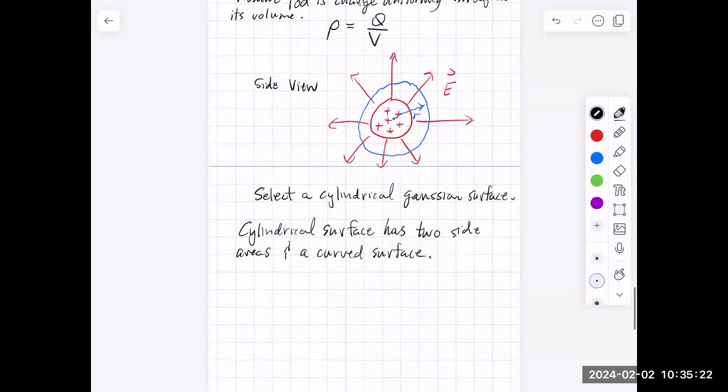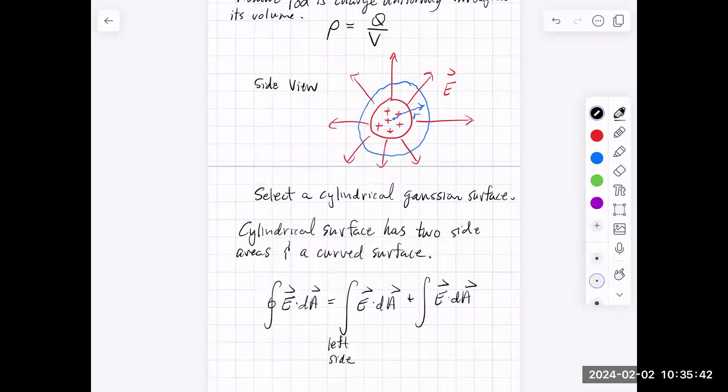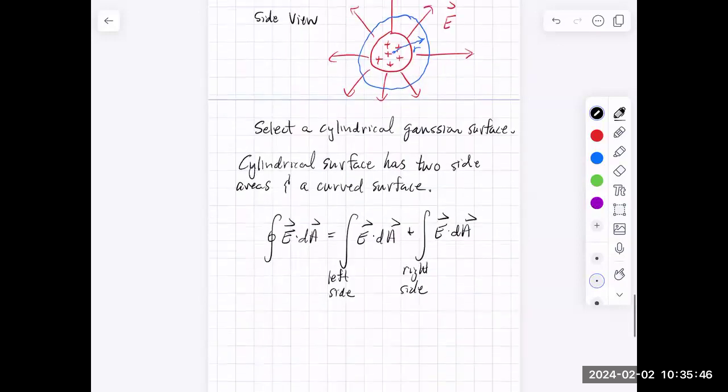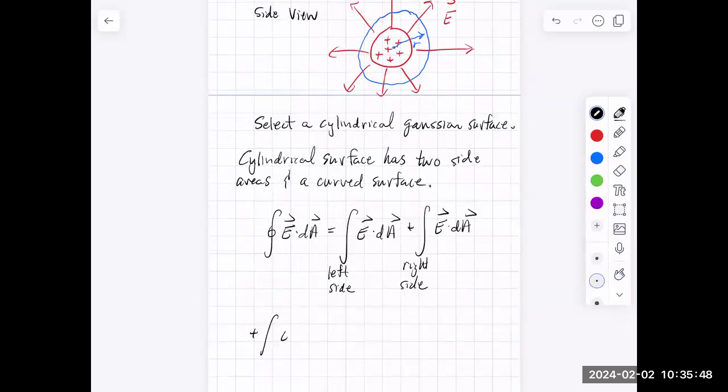What we could say is the integral that we have to evaluate is this, E dot dA. It's going to be the integral of E dot dA for, say, the left side surface, plus the integral of E dot dA for the right side surface, and then plus the integral of E dot dA for our curved surface.